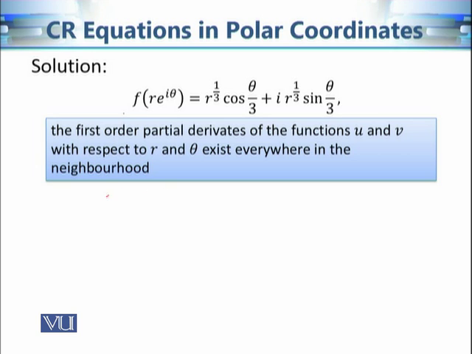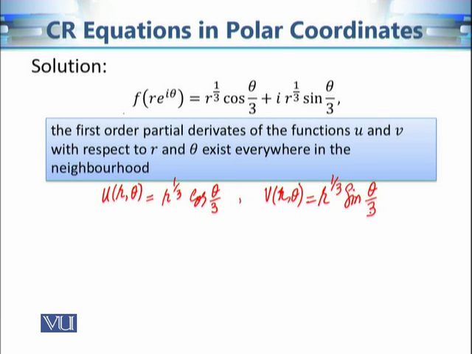So let's see what is u in this case. u of r theta is equal to r raised to power 1 by 3 cosine theta by 3. Okay, and similarly v of r theta is equal to r raised to power 1 by 3 sine theta by 3.